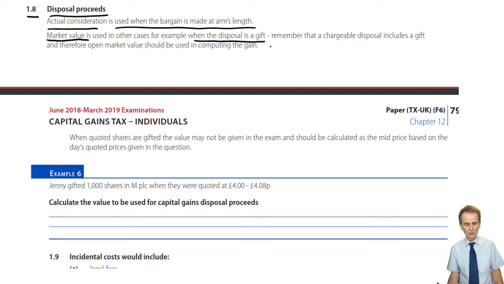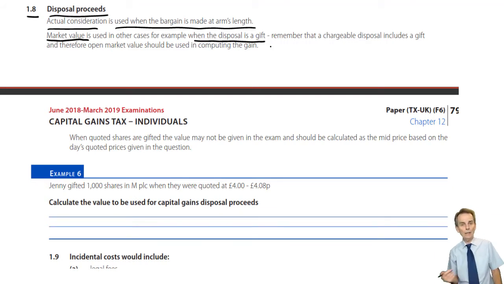Now, a gift, of course, could be made either in lifetime or on death. In terms of lifetime, the market value when I make the gift is used for my calculation of the gain, and it becomes the base cost to the donee.